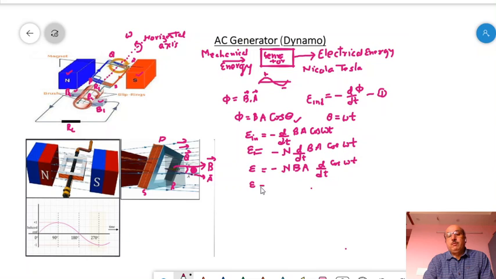Or E is equal to minus n BA times the differentiation of cos omega t, which is minus omega sine omega t, or E is equal to n B A omega sine omega t.